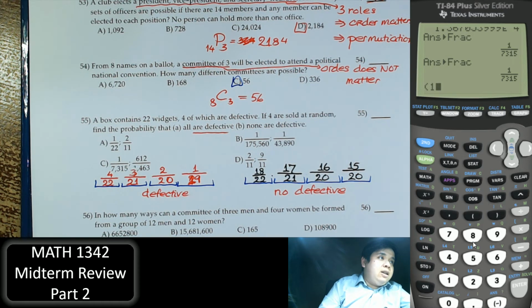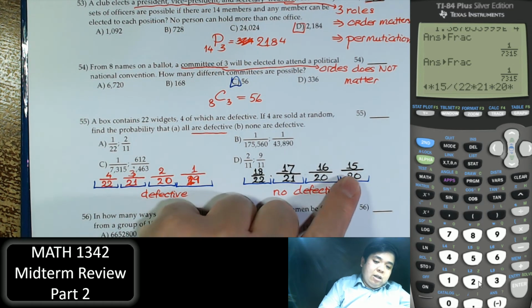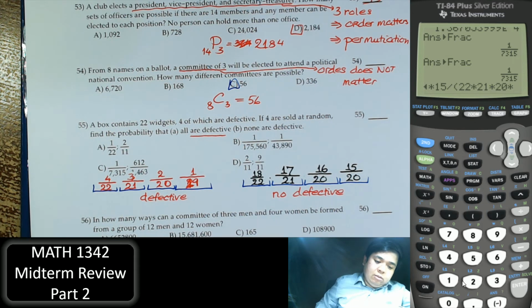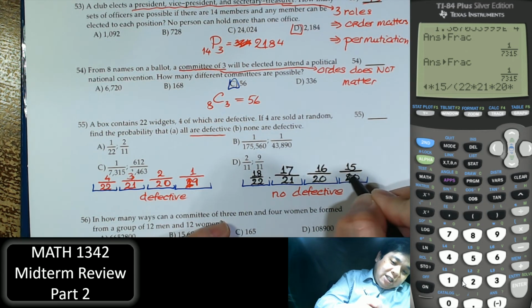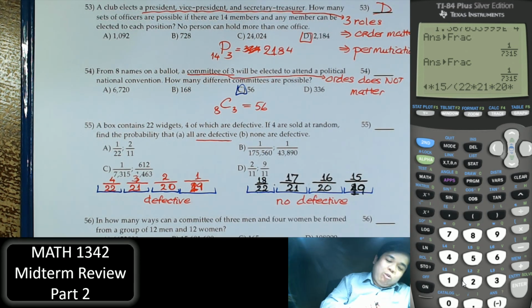So the top is 18 times 17 times 16 times 15, divided by 22 times 21, 20, and the last one is 19. Sorry, 22, 21, 20, and 19. Count properly.